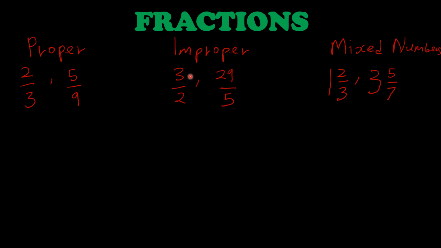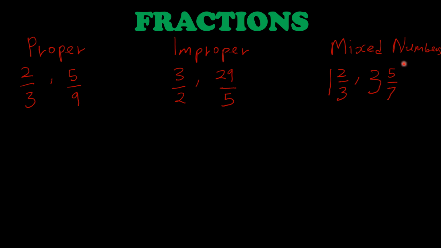Now, for improper fractions, the numerator is greater than the denominator in both cases. So when you have a fraction where the numerator is greater than the denominator, you could categorize it as an improper fraction.